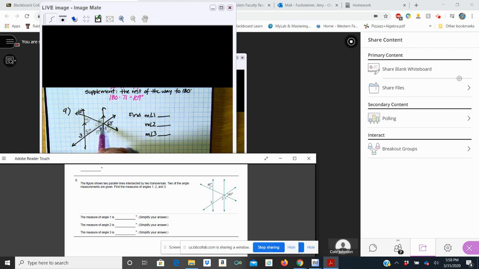Oh, that's another alternate interior. You see how it makes that Z shape when I trace them out? That's another alternate interior. But now the only one I have to find is angle 3.